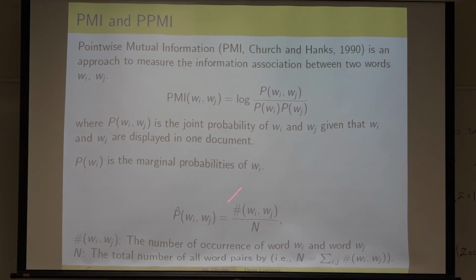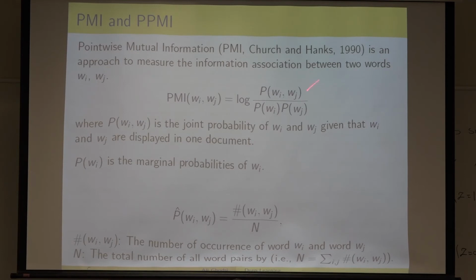Now, if you want to apply this to a corpus of words, an estimation of the joint probability of Wi and Wj is just the number of times these words appear together divided by the total number of words in that corpus.